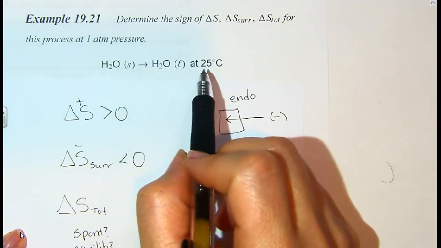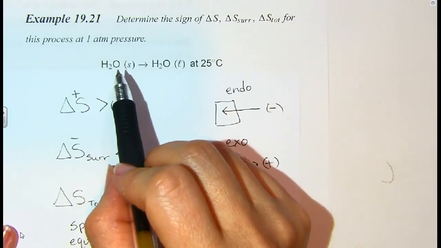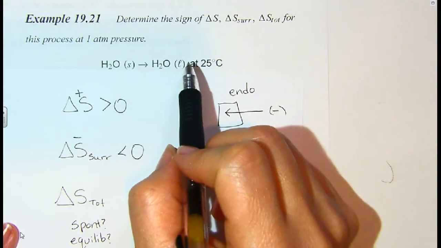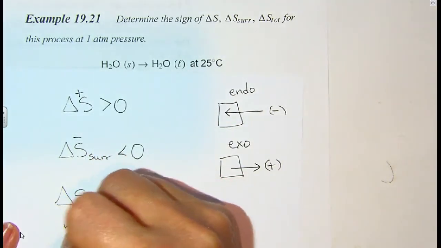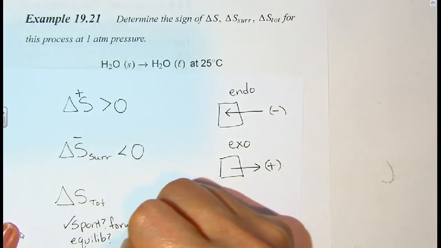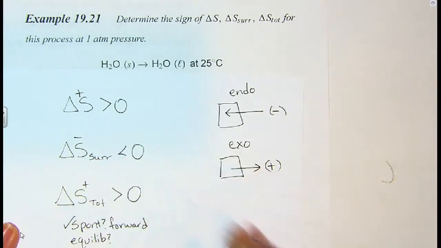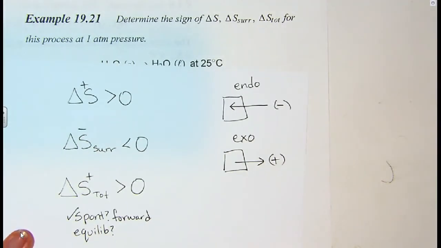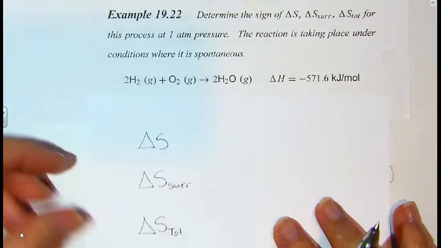So because it's at 25 degrees Celsius, it must spontaneously be melting and changing from the solid phase to the liquid phase. So the forward reaction is spontaneous forward, which means the delta S total must be a positive value or greater than 0. And so this would be our answer for this particular question.